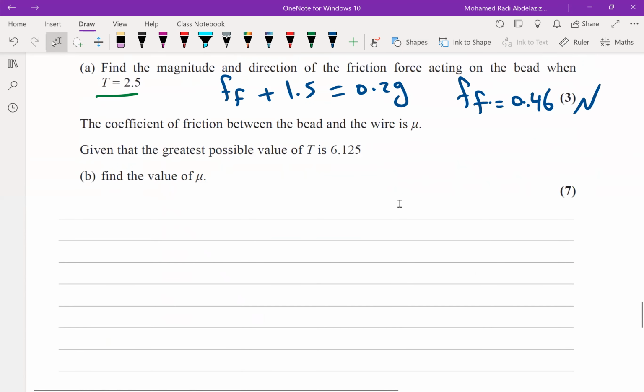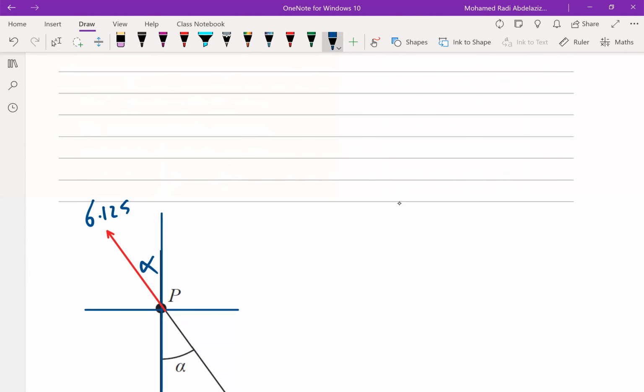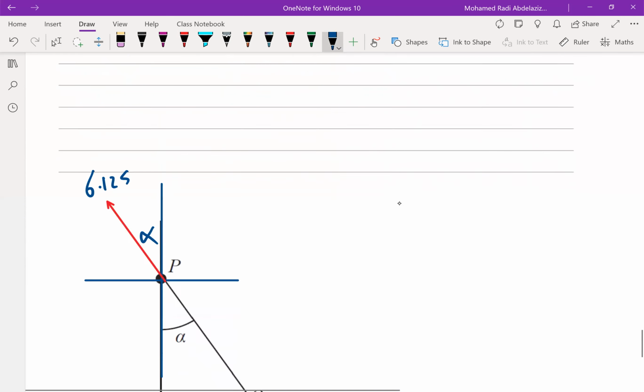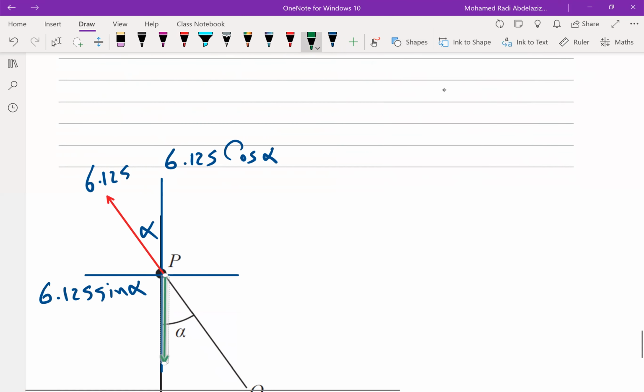And this value now is 6.125, same angle alpha. So start to resolve it vertically and horizontally: 6.125 cosine alpha and 6.125 sine alpha. The weight, which is acting vertically down, will be 0.2 g.